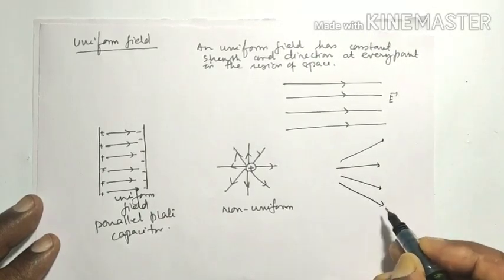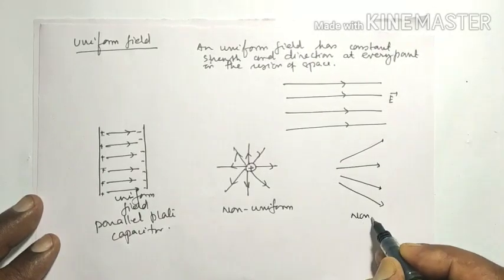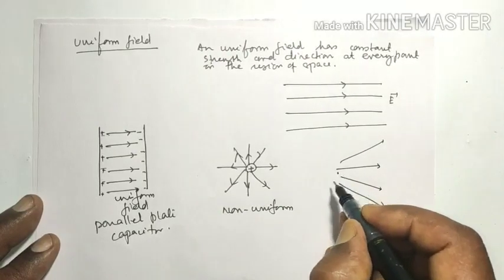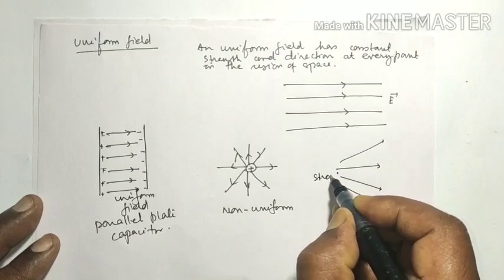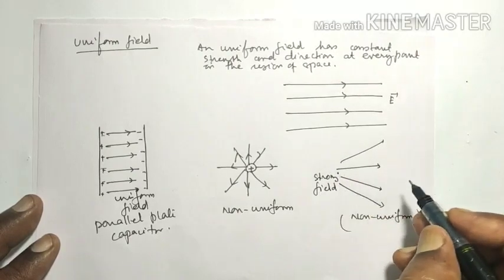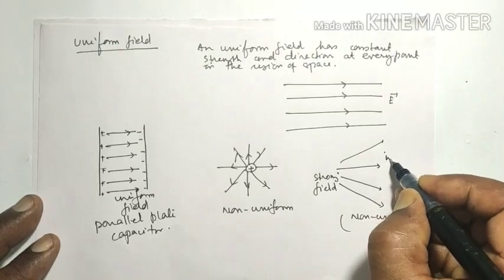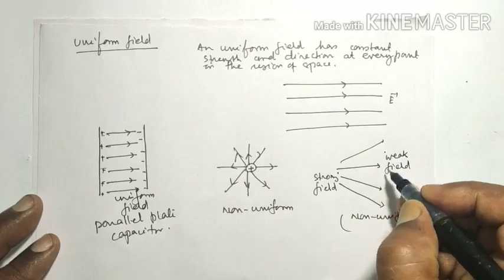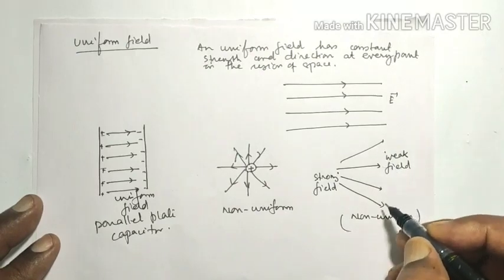In this case, this is the non-uniform field. This is the region of strong field, where the density of field lines is more, and this region is the weaker field, where the field lines are separated out.